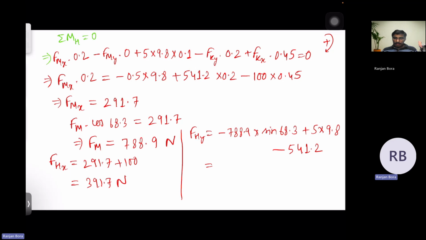If we do this, it comes to minus 1225.2 Newton. So we have found both the X and Y components of the hip joint reaction force.